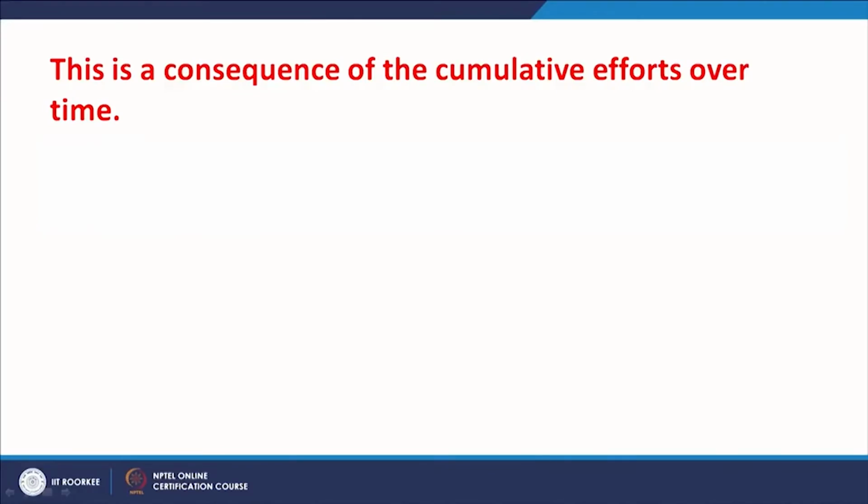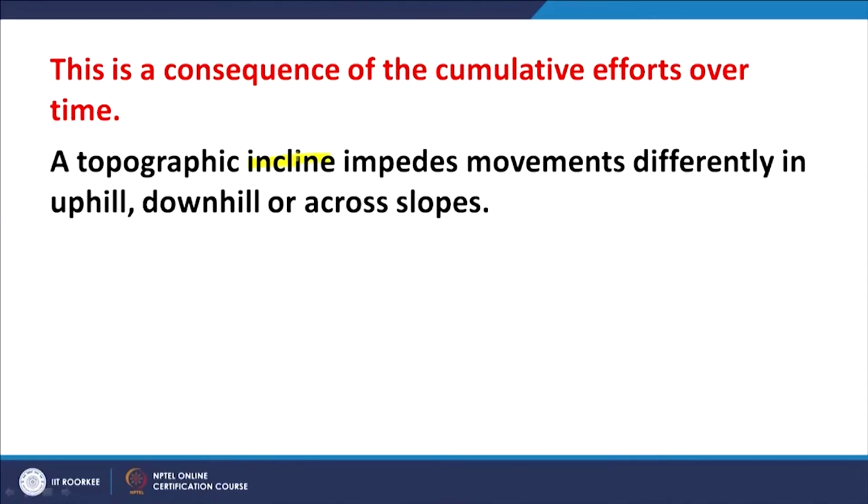Now this is a consequence of cumulative effort over time, as we know. If there is topographic relief or undulated terrain, then an incline or anything impedes the movement. If I have to go uphill, it will take more time, but while going downward it will take less time.